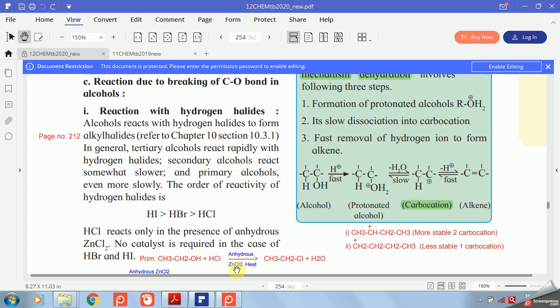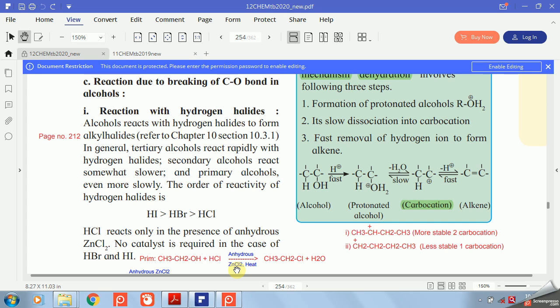Now let us consider the order of reactivity of the alcohols toward this hydrogen halide. Tertiary alcohol reacts rapidly with hydrogen halide. Then secondary alcohol reacts somewhat slower, and primary alcohol even slower than secondary alcohol. The reason is again the formation of carbocation.